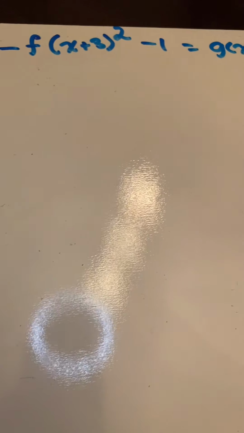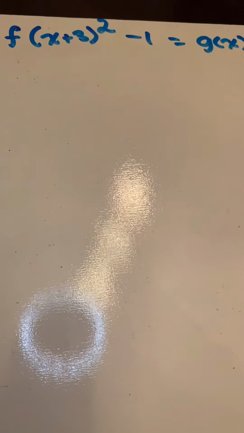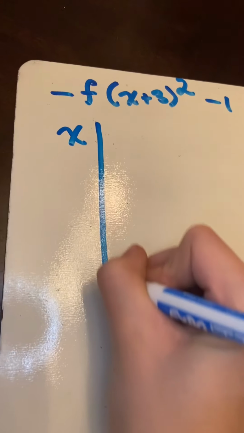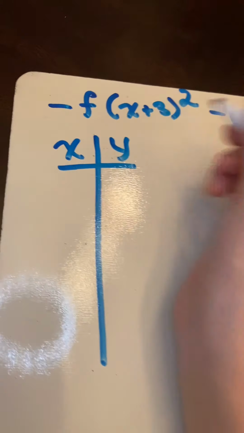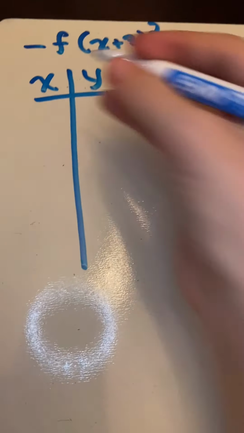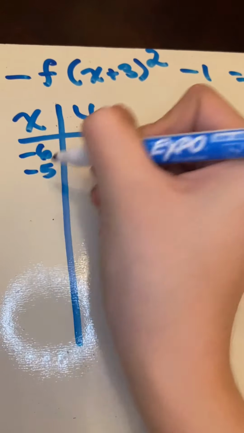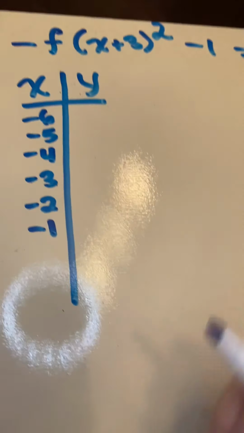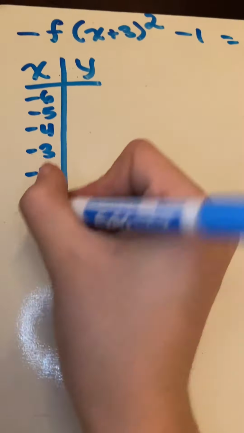So in order to graph this, what you would have to do is create a new set of x values, and then this function will determine our y's. So we can use negative 6, negative 5, negative 4, negative 3, negative 2, negative 1, and 0.